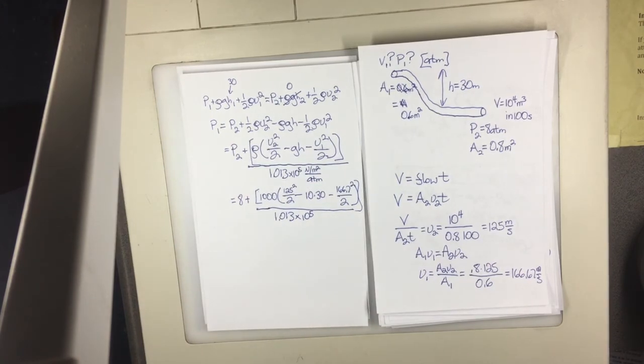The thing that troubles me is we may end up with a negative number in the numerator. And we will. Oh, wait. It depends on how big that number is. All right. Minus 166.7 squared divided by 2. It's not that bad. All right.